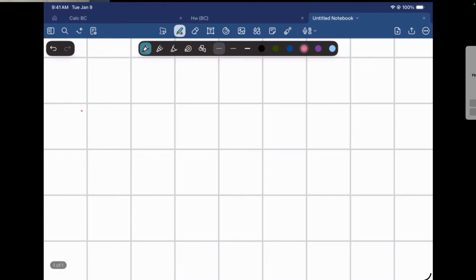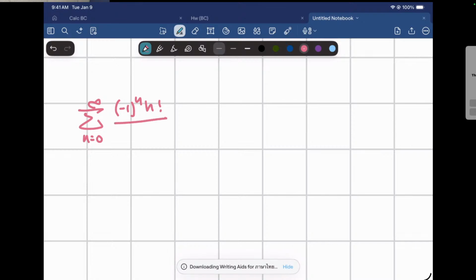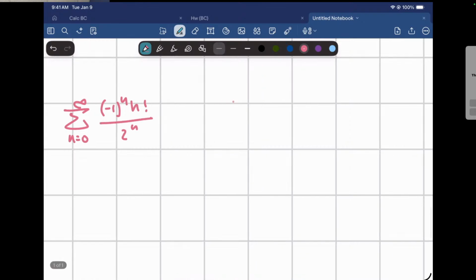The first case is this: negative 1 to the n of n factorial over 2 to the n. The second case I'm going to give you is the summation from n equal to 1 to infinity of negative 1 to the n over square root n.